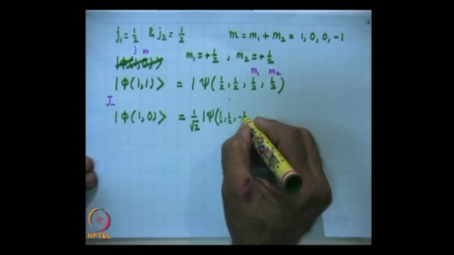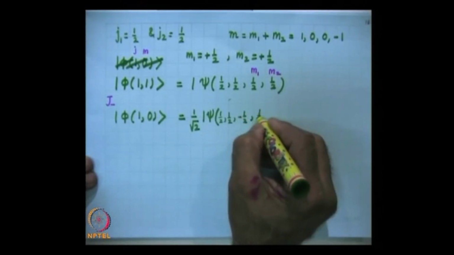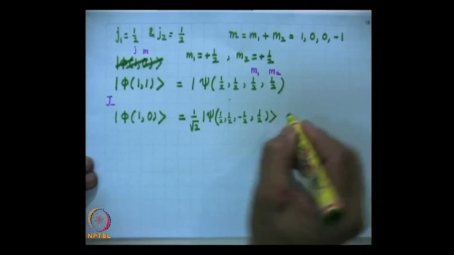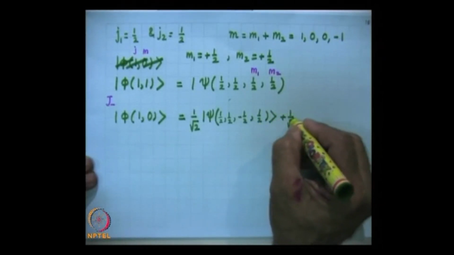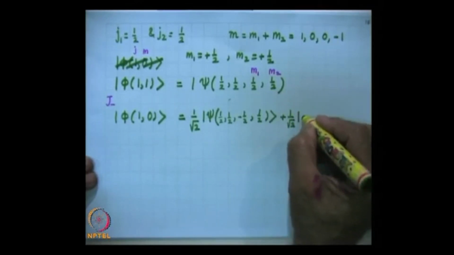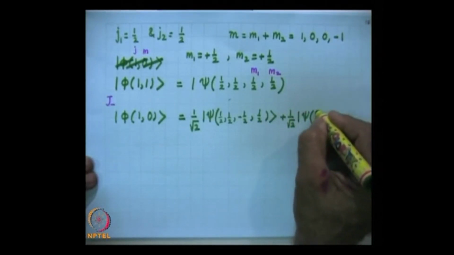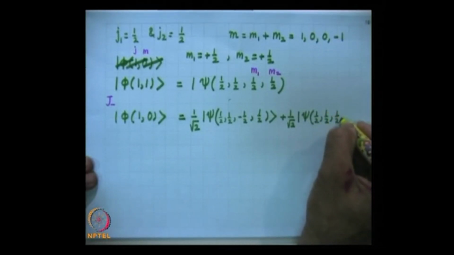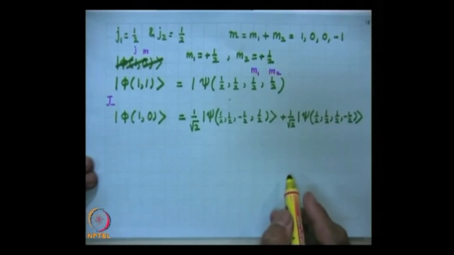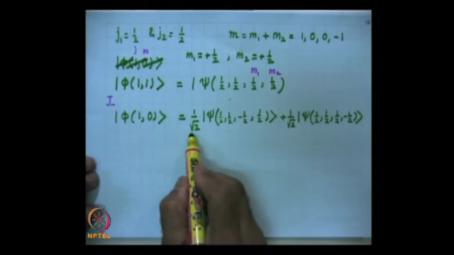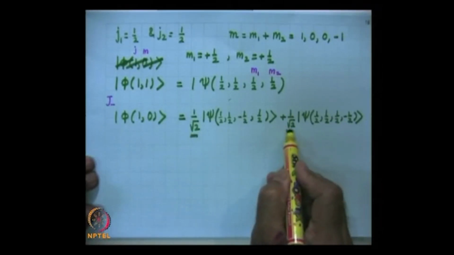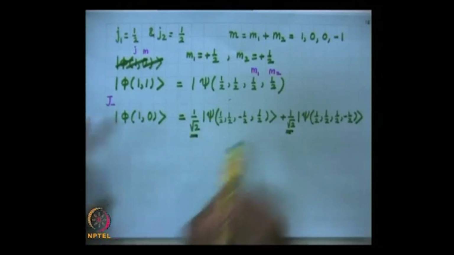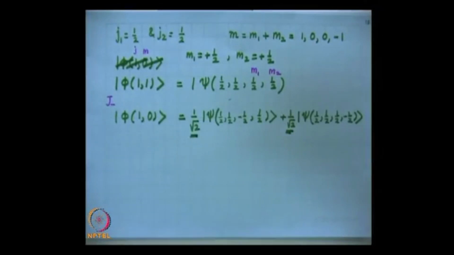So, this will be minus half and this will be half, plus 1 over root 2 psi of half, half, half, minus half. So, these coefficients 1 over root 2 which relate the phi functions to the psi functions are known as the Clebsch-Gordan coefficients.